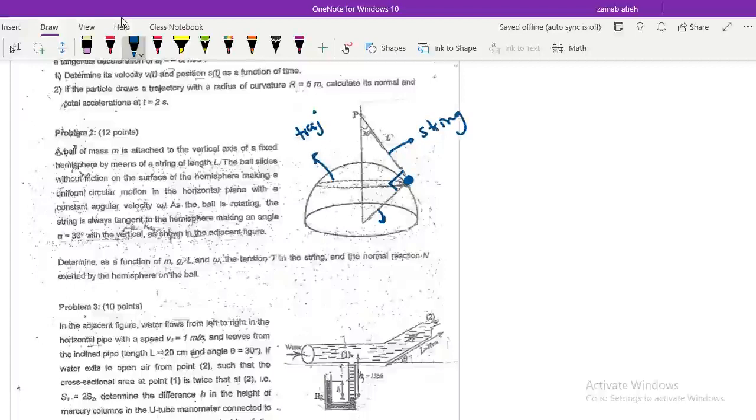Remember that each time we have such a type of motion, we choose two axes. I will erase this. Okay, I usually choose two axes. One axis is vertical, this is the Z axis, and the other axis is towards the center of the trajectory circle that I am rotating on. So this is the centripetal axis.